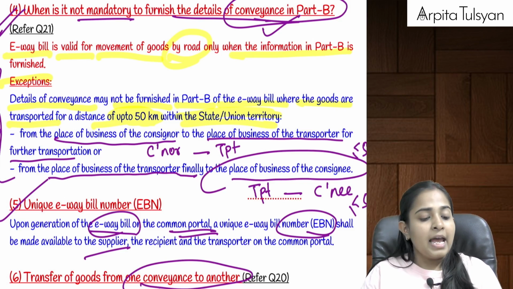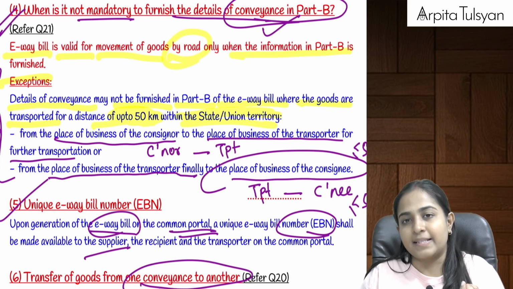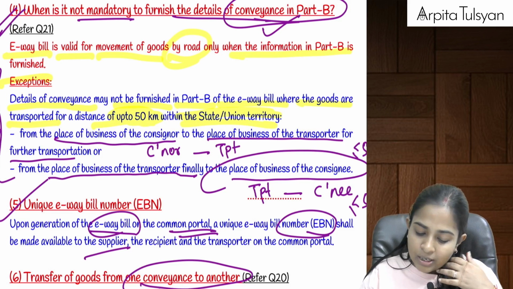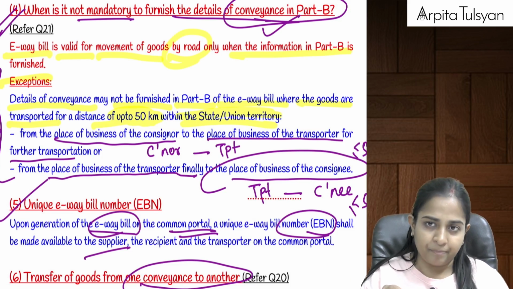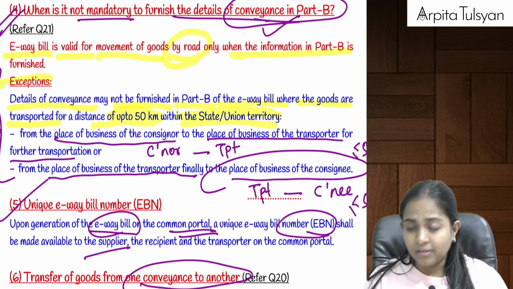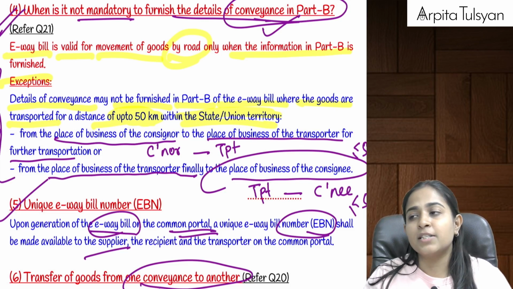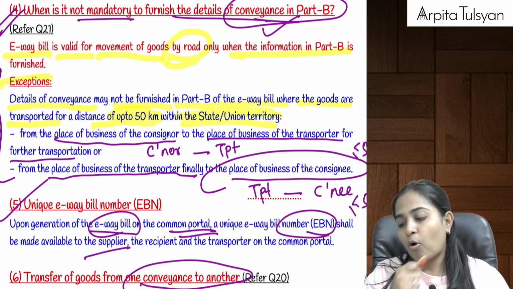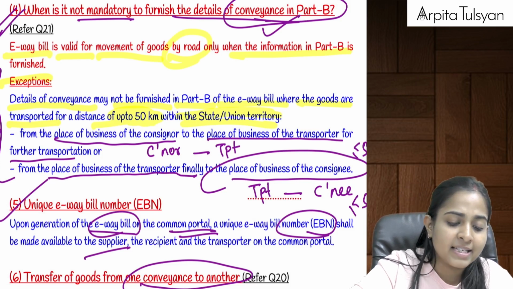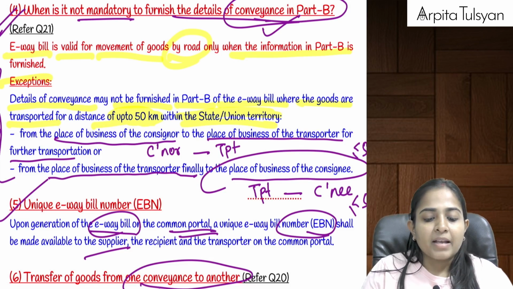Similarly, when the distance between the transporter's premises and the recipient's premises is up to 50 kilometers, in such a case also, if you fill only part A and don't fill part B, that document will be considered a valid e-way bill. These are the only two exceptions for not filling part B. Otherwise, in all other cases, we are required to compulsorily fill part A as well as part B. Are you clear with this?